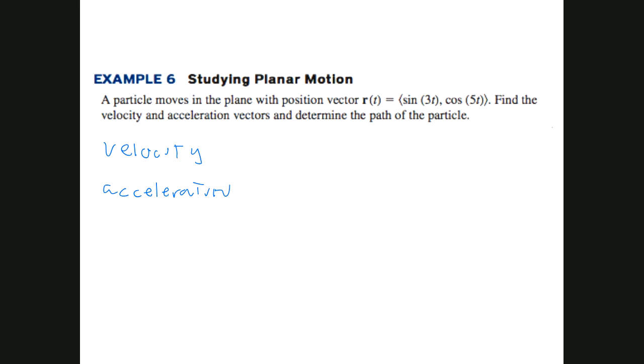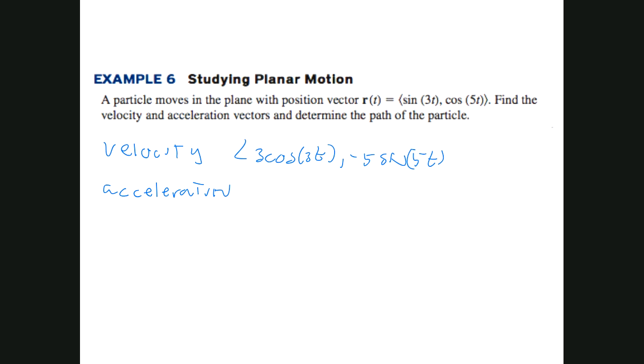Three cosine 3t. So this is velocity. So that's going to be 3 cosine 3t, comma, and then negative 5 sine of 5t. So basically, you're really practicing taking your derivatives, right? I mean, that's what this whole thing comes down to.